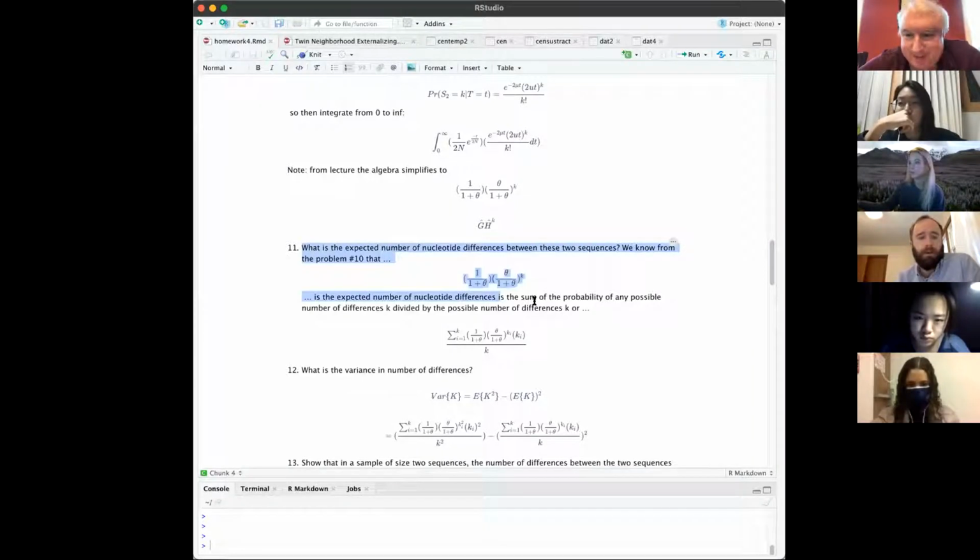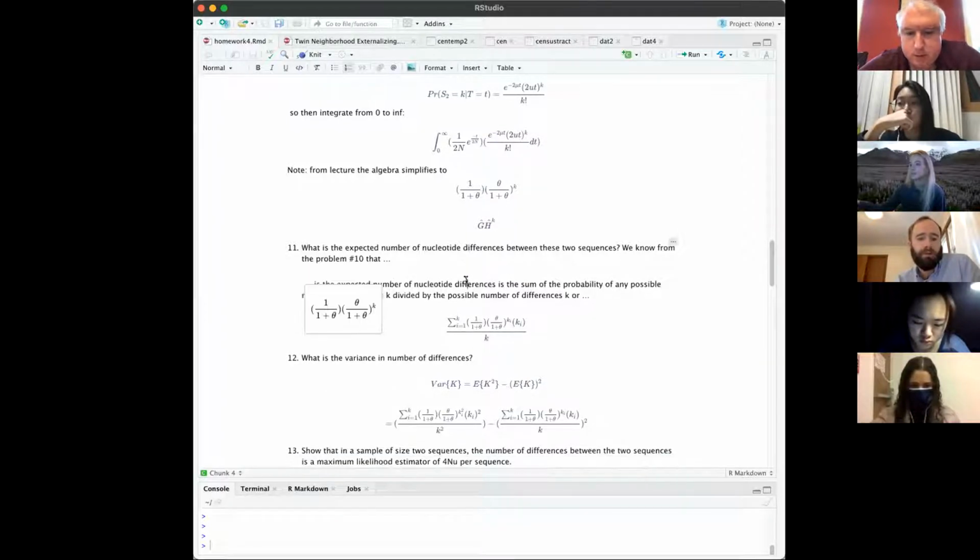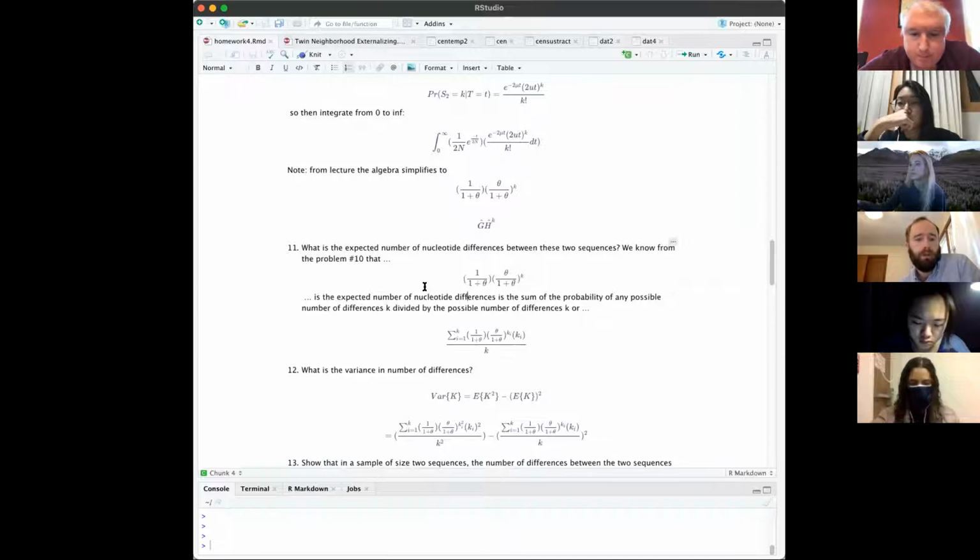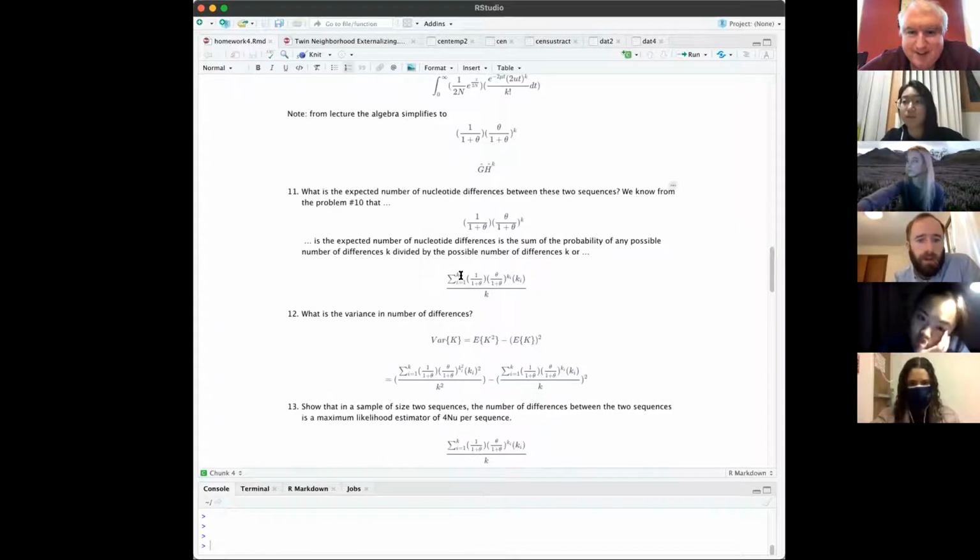And so I believe from problem 10 we determined that this equation was essentially the probability of any single value. Anyway, so then you essentially turn this into the mean.